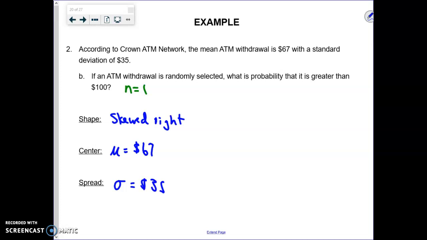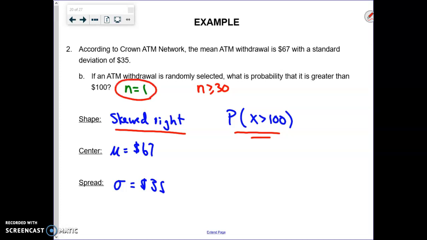Now, it's asked us, what's the probability that we get an individual withdrawal that is greater than $100? Well, ladies and gents, we can't do this. Why? Because the original population is skewed, and if we were going to find this probability, our sample size would have to be greater than or equal to 30 in order to be able to do this. Well, our sample size is only 1.